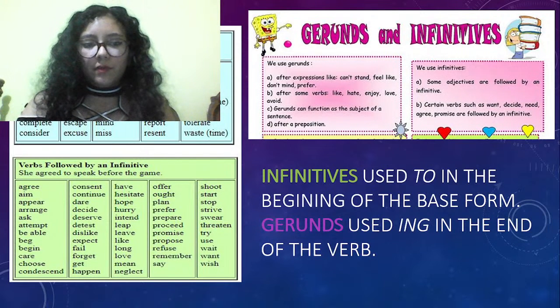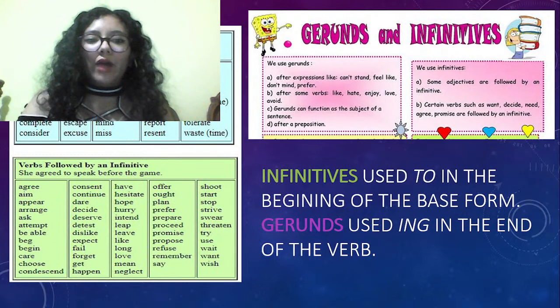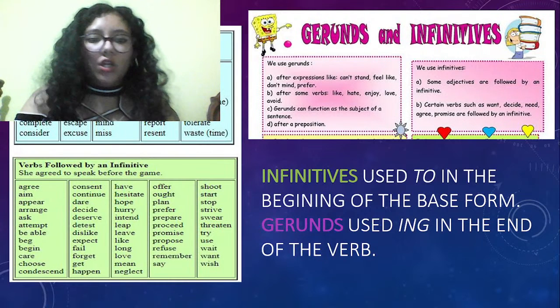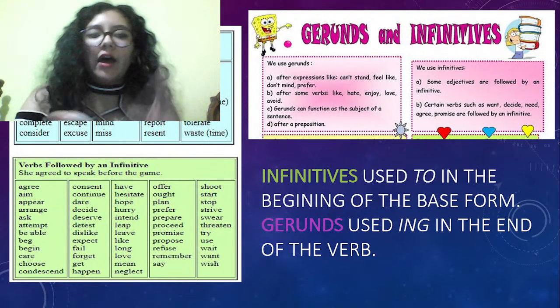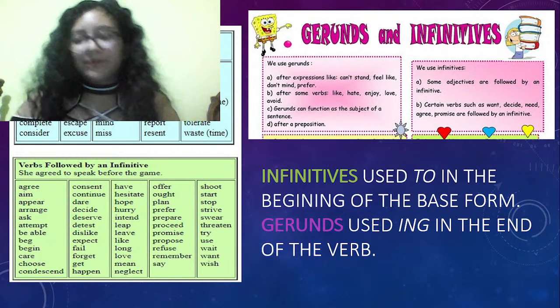The infinitive verbs are to permit or to accept. The infinitives are agree, appear, continue, have, like, love, all the verbs in the green chart.